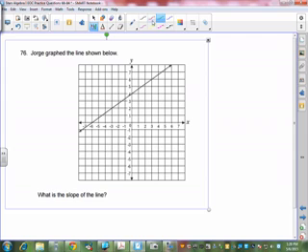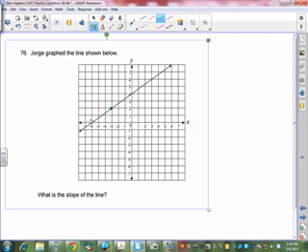They want the slope of this line. When I find the slope of a line, what I always do is I make sure I am on a corner where that line is exactly crossing. I would not start right there because you see you're not on an exact corner. I would not start right there because that's not on the corner. I'm going to start right here and I'm going to go to there because those two were exactly on corners.